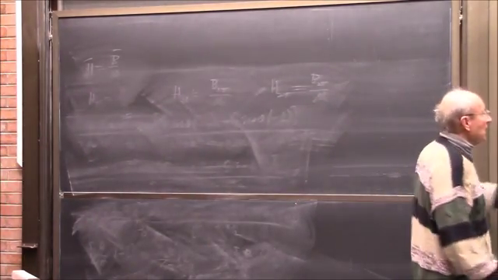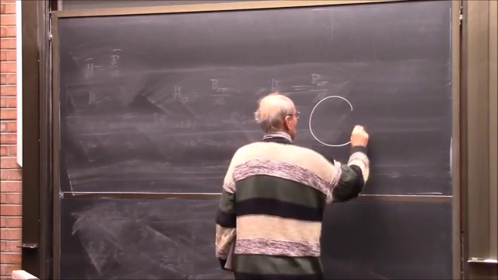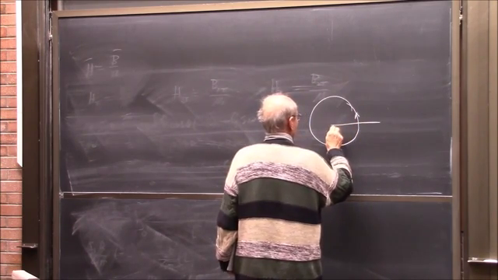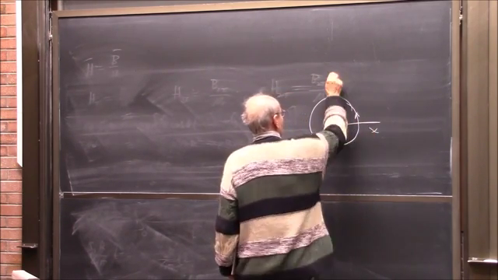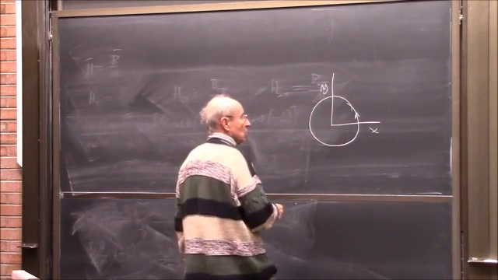We need I dl cross B. So here's our little current loop on the top. And here is the x-axis, here's the y-axis, z-axis out of the board.